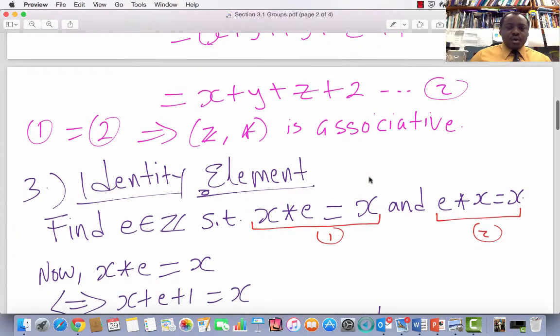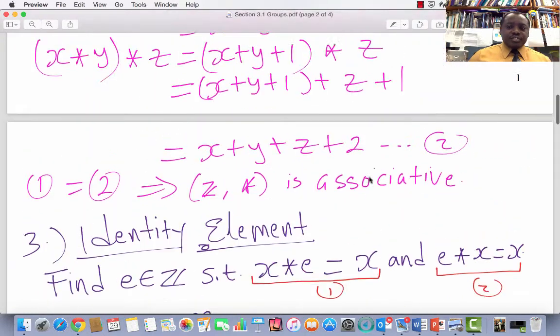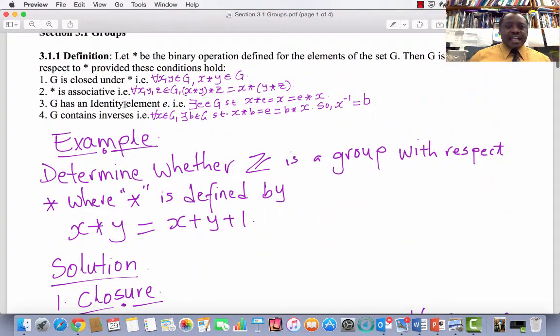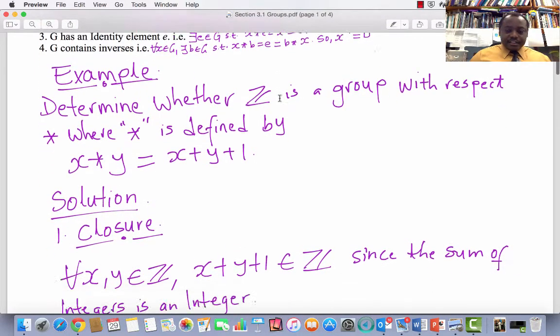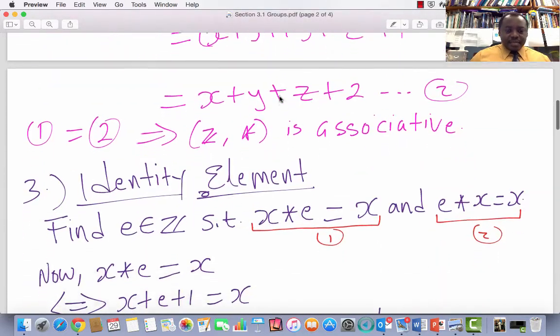Condition 2 holds. Now condition 3. In condition 3, we are required to find an element E such that for every element x in G, x star E equals x, and E star x equals x. So let's go ahead and find that element.